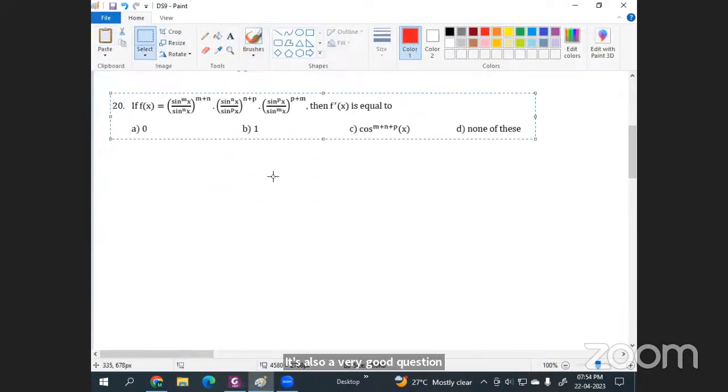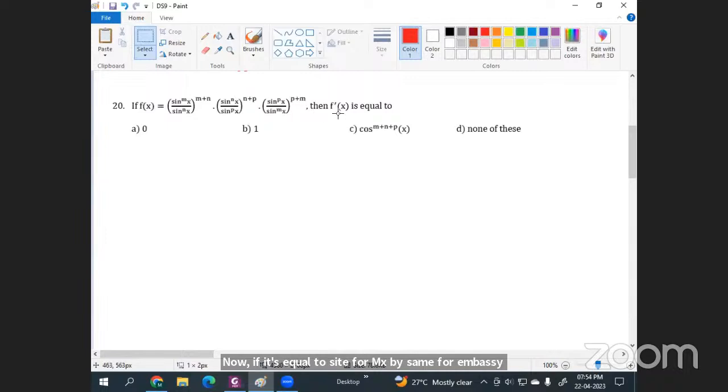Now f of x equal to (sin mx by sin nx) whole power m plus n, like this we have. Then f dash of x is equal to... Right? So how to proceed for such type of questions?